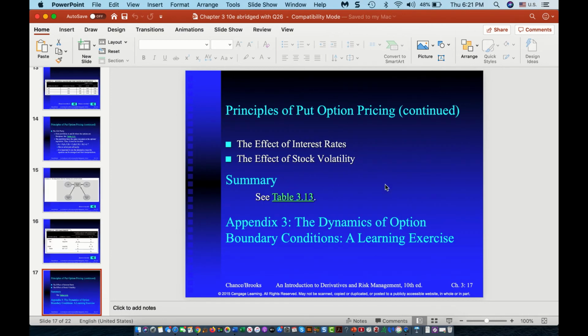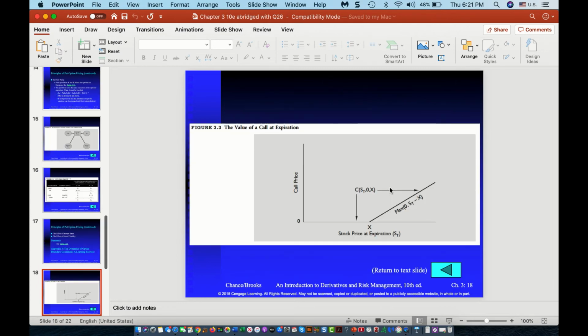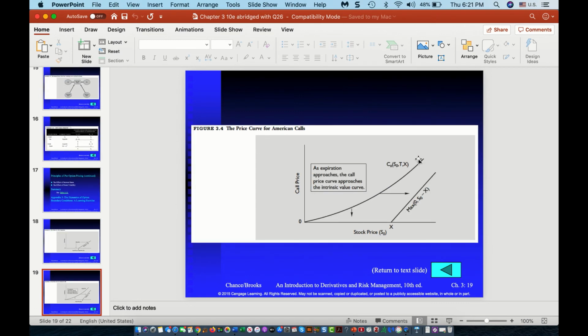And then we'll talk more about interest rates and stock volatility, and the impact on option pricing in chapter 5. Now picture-wise, you can see the lowest formula value is 0 and the highest is ST minus X. But then we say that this is the true option price, and they are similar.